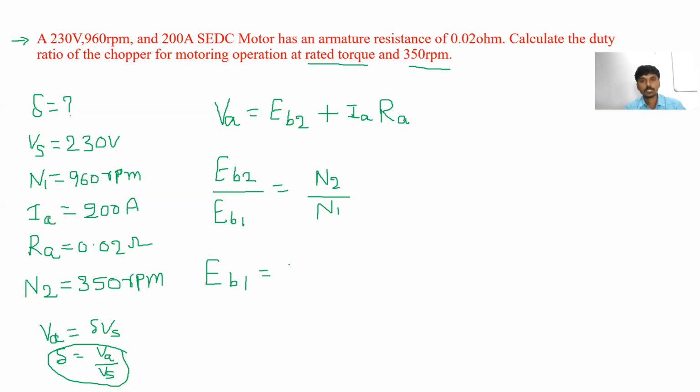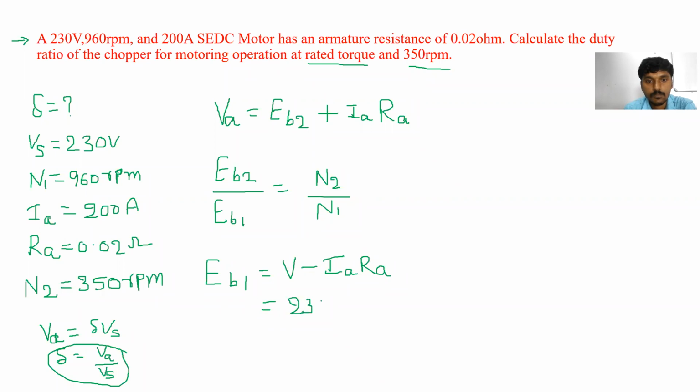What is the formula? EB1 is equal to V minus IA RA. This is the back EMF for the rated operation, so we have to take all the rated values.